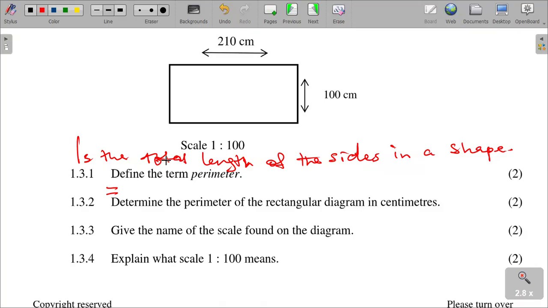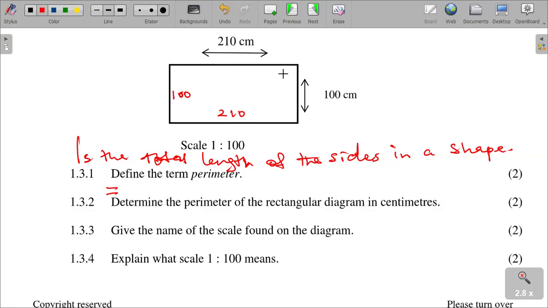We can just say 210 times 2 plus 100 times 2. You understand? Because this side is 210 here, and we have also got 100 there.